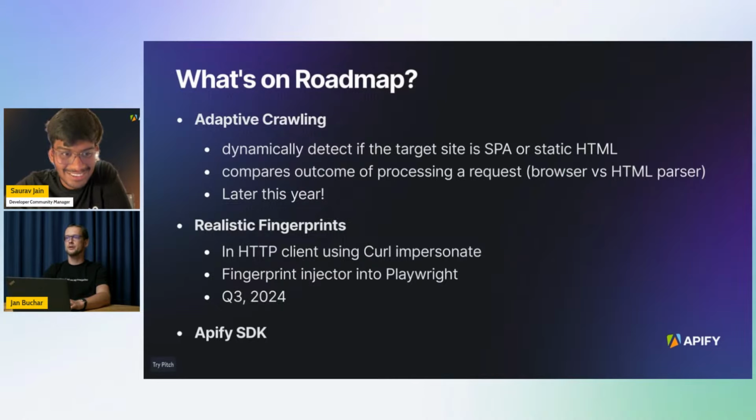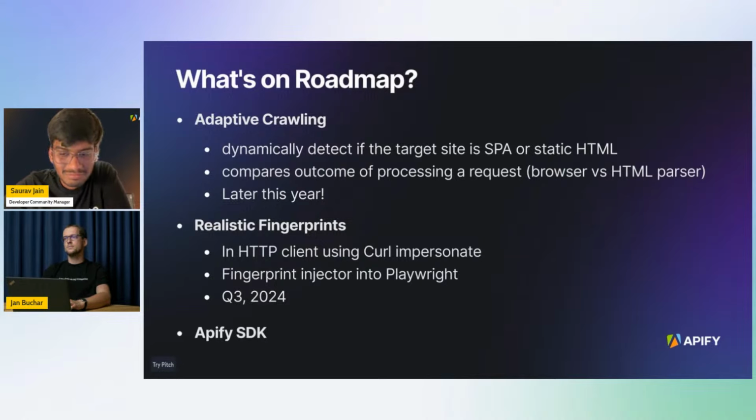And we are also working on realistic fingerprints to help avoid getting blocked. So in the HTTP client, we will be using curl impersonate with the CFFI binding. There is already some support as of Crawlee for Python 0.2, which was released today.